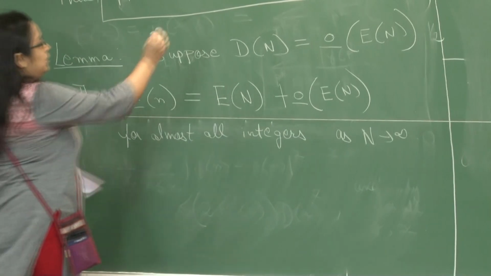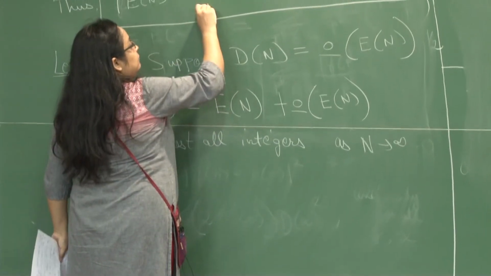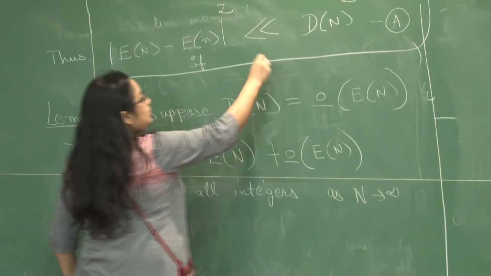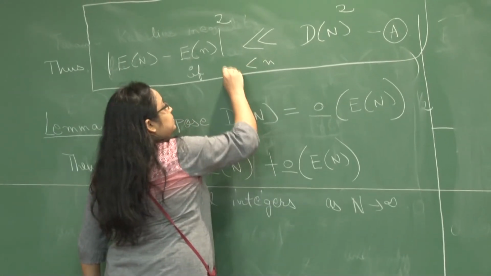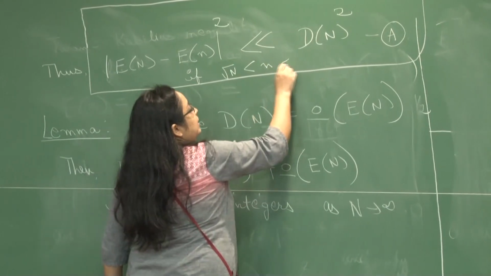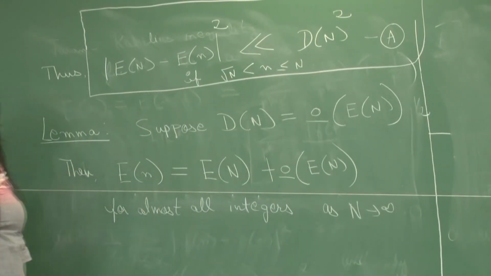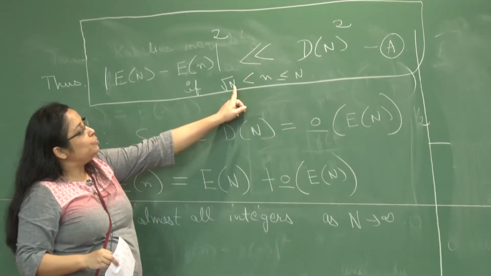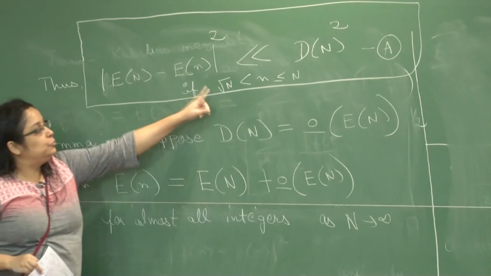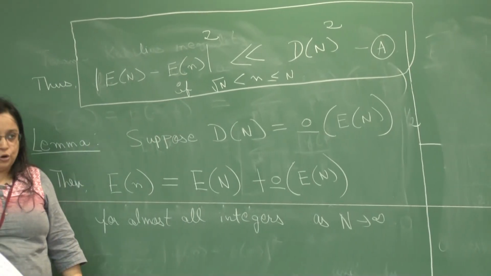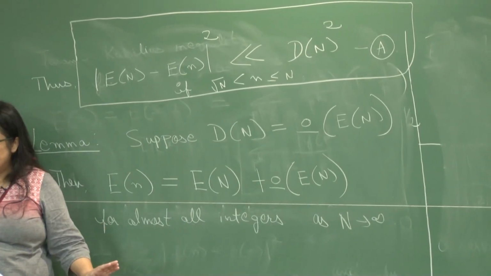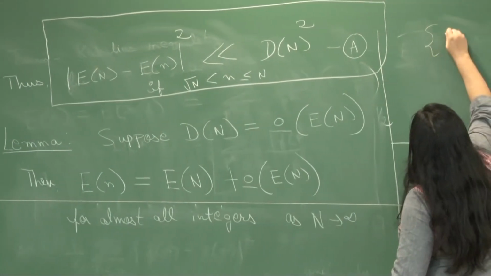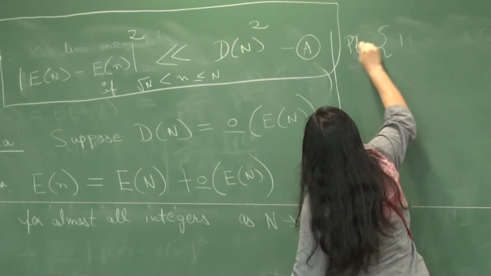If this is causing any confusion, this is true only when little n lies between square root of N and capital N. Now the thing is, how many integers are there up to root of N? It's O of root N, which is little o of N, right? So here's the proof.